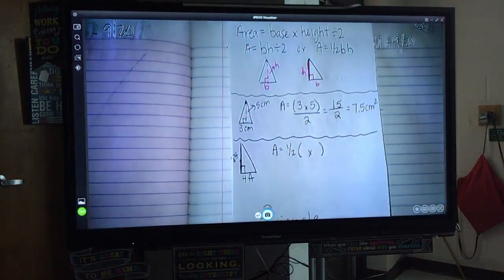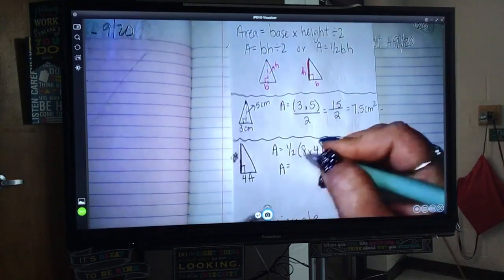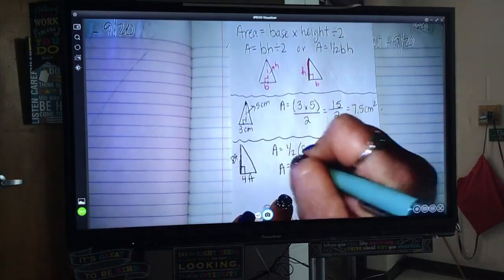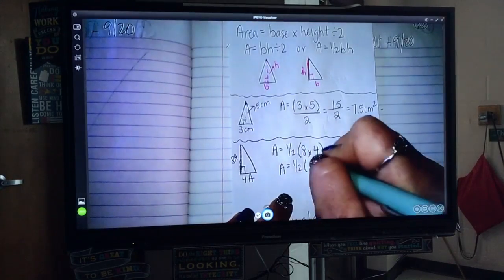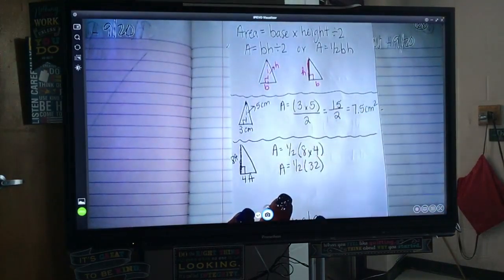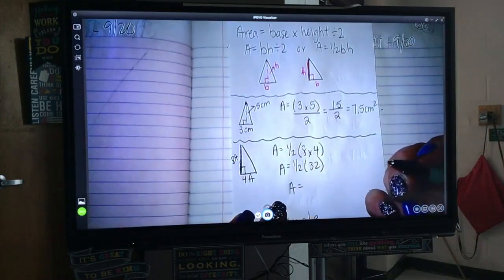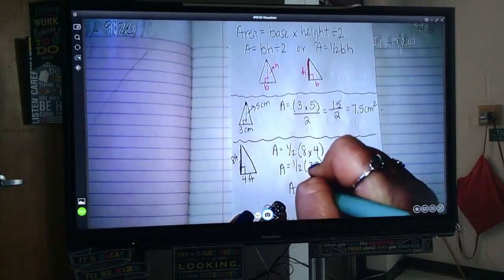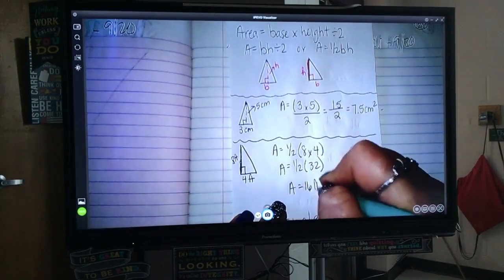What 2 numbers do we plug into our formula? Christian? 8 and 4. All right, so when I do A equals half, what is 8 times 4? 32. And then what is half of 32? 16 feet squared.